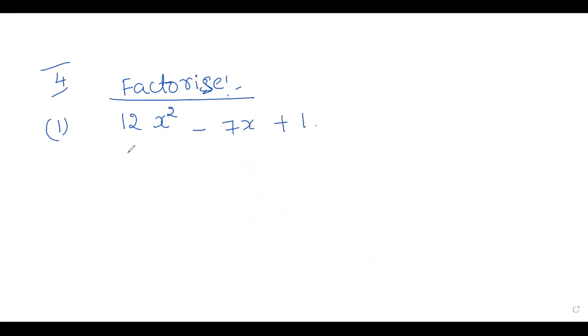So it is in the form of ax square plus bx plus c, children. So here what you have to do is, how to factorize the polynomial, how to take the factors for this.